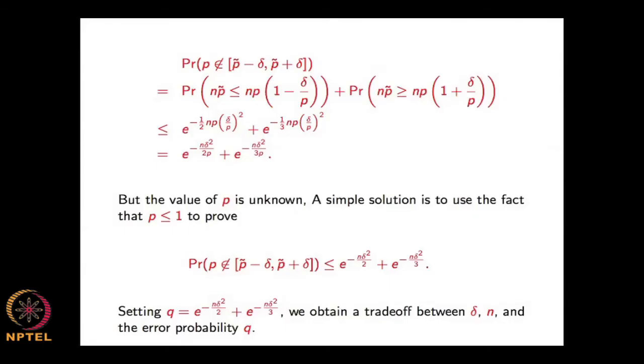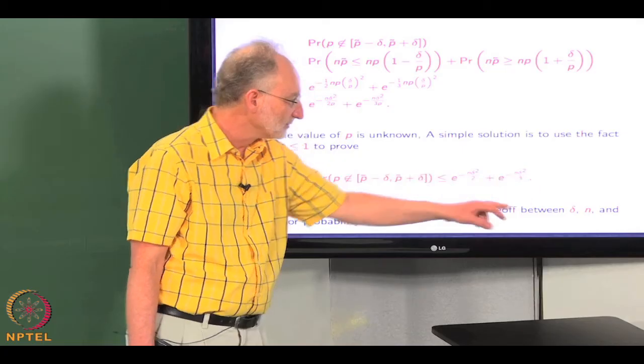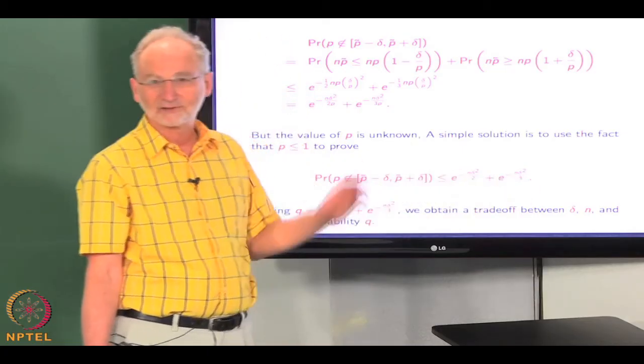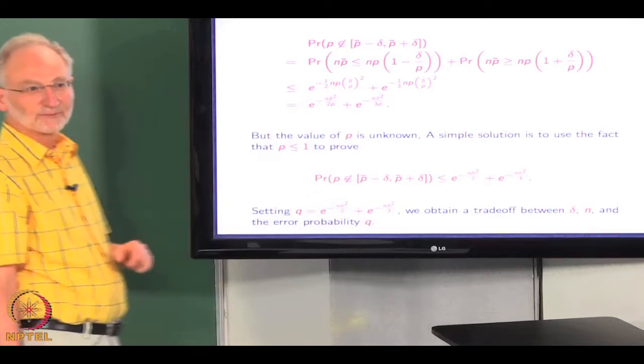We have to look at above and below, and I don't want to get into the details of the calculation, but basically you plug it into a Chernoff bound. You want this to be bounded by Q, you get n and delta here, so you get the full relation between these three parameters.